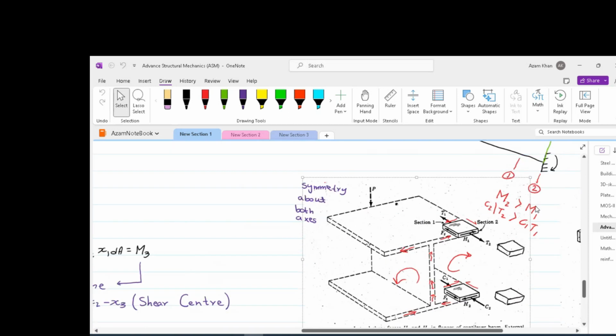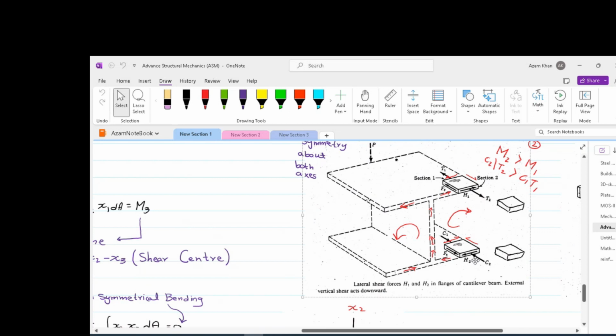The moments can be decomposed into a force couple system, which is C2 T2 and C1 T1. C stands for compression and T stands for tension. As you can see, C2 and T2 are forces which are equal and opposite, and they are at a distance d from each other, which is the lever arm.